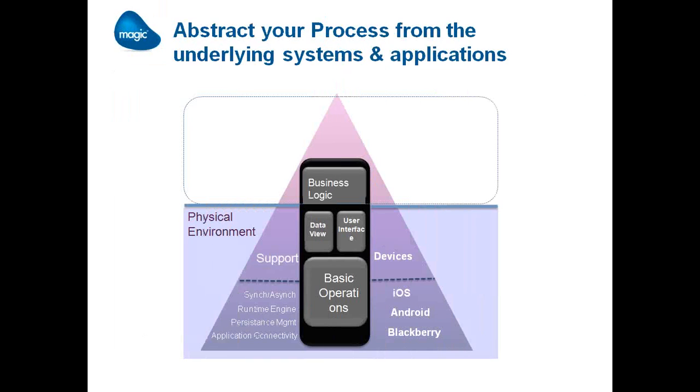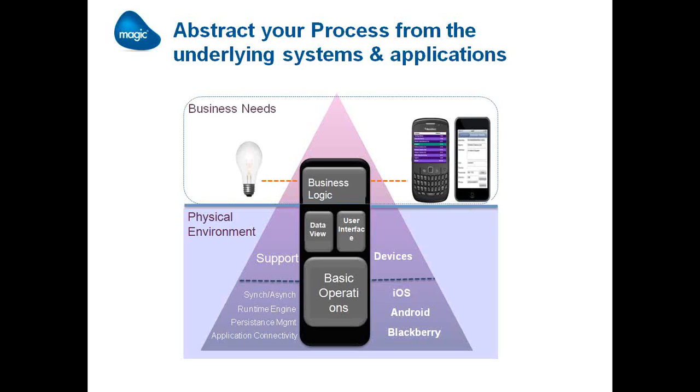One important point here is to abstract whatever you have underneath in terms of devices or systems or data sources and focus on the business needs and the devices you want to present. So try to stay afloat of that iceberg, which is the top of my triangle there.